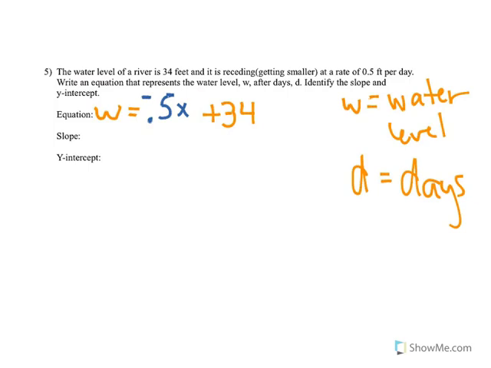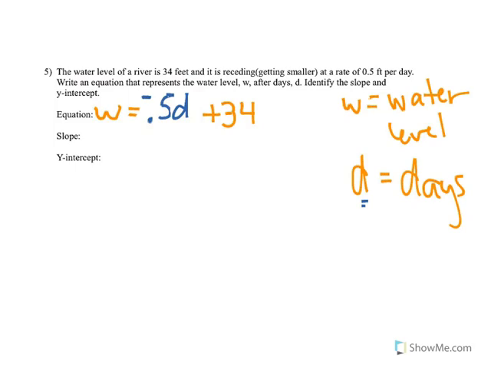So that's what our equation would look like. W equals -0.5 x plus 34. And I'm actually going to change that x to a D to represent our days. So we start out at a 34-foot level, and then we go down half a foot each day. So that's where that equation is coming from.